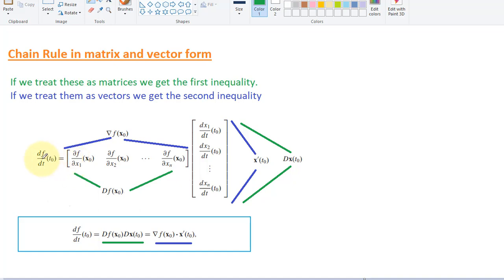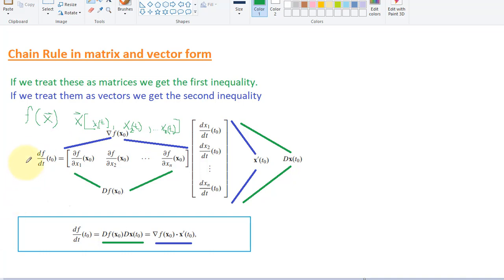Remember, what's the chain rule asking? We have the scenario where f is a function of many variables, and then this x, which is the many variables, each of those individually is a function of t. So that's the scenario we were talking about when we discussed the chain rule.